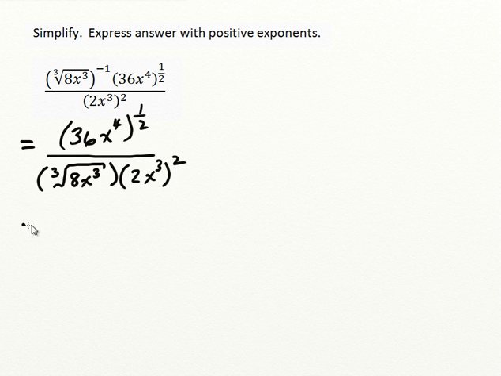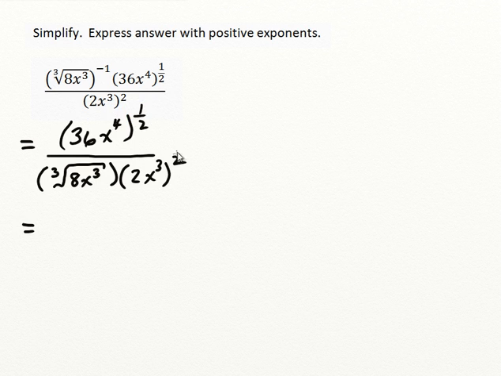All right, well let's continue on. Take a look at the top. We've got an exponent of 1/2. Now we know that we could solve this a couple of different ways. We could take this exponent of 1/2 and apply it to each of the pieces inside, to the 36 and also to the x to the 4th.